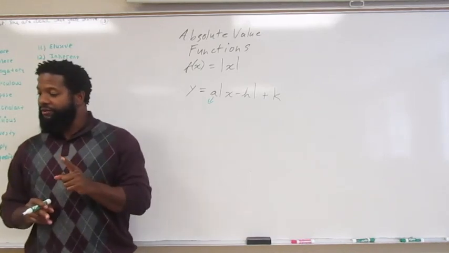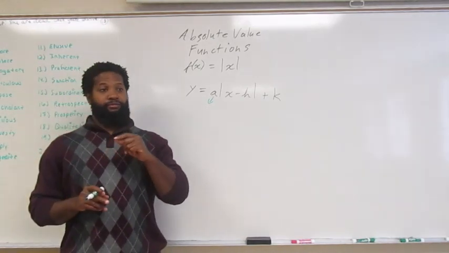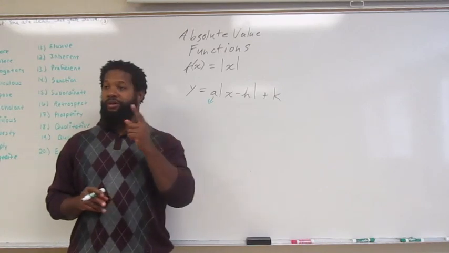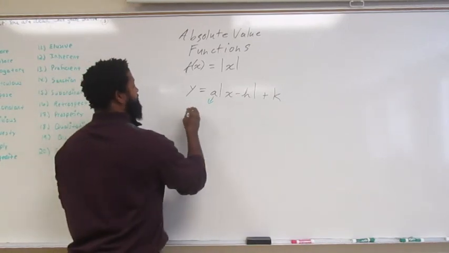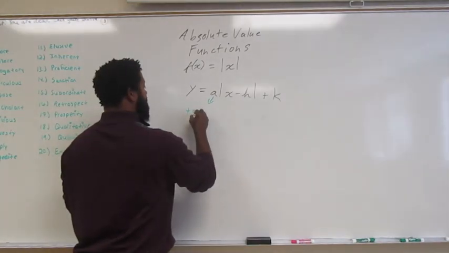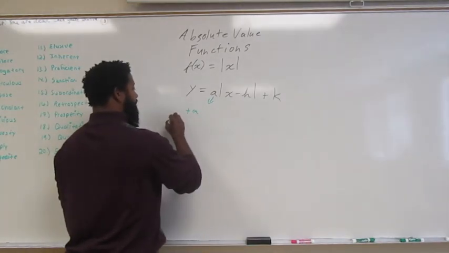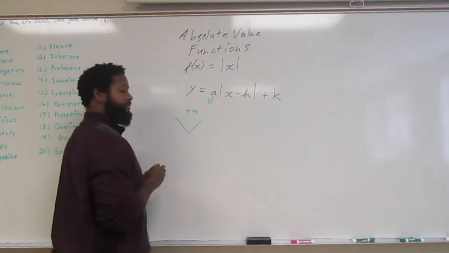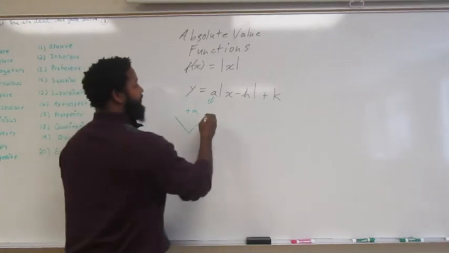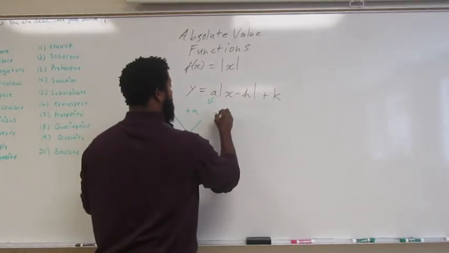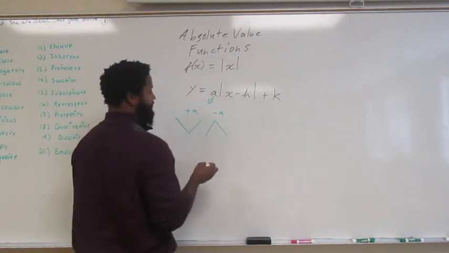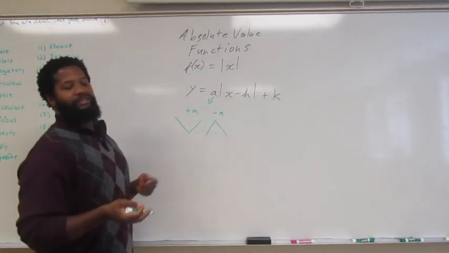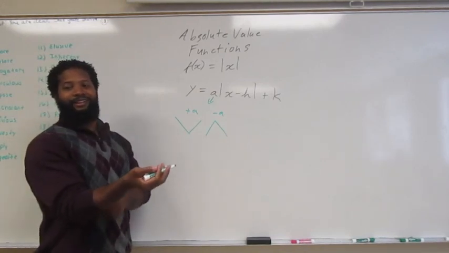You will, however, have either a positive or a negative, okay? And if you have a positive A, then you have a V. If you have a negative A, you have a mountain, I guess? I don't know.